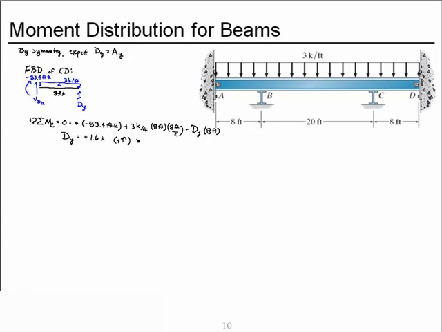So it's looking like the small differences in moments that we got from our moment distribution results are not going to play a significant role in the quality of our vertical reaction predictions. But let's continue. Let's draw a free body diagram of B. Just an infinitely short piece at B. So the distributed load doesn't matter because it acts over no length.